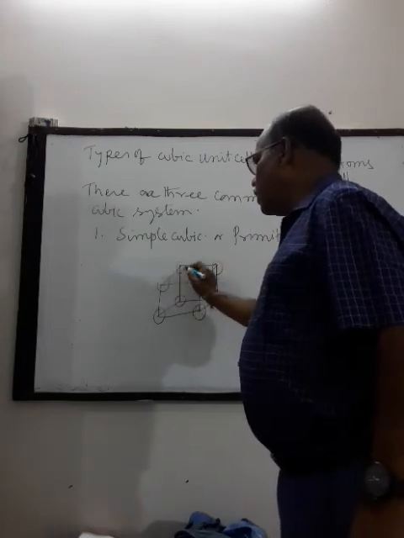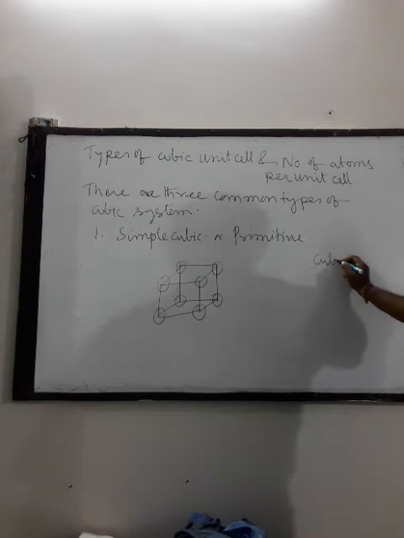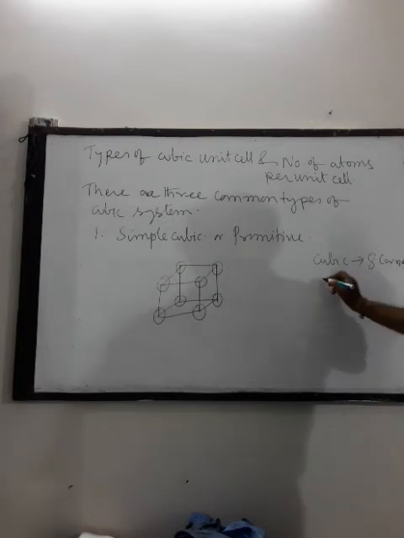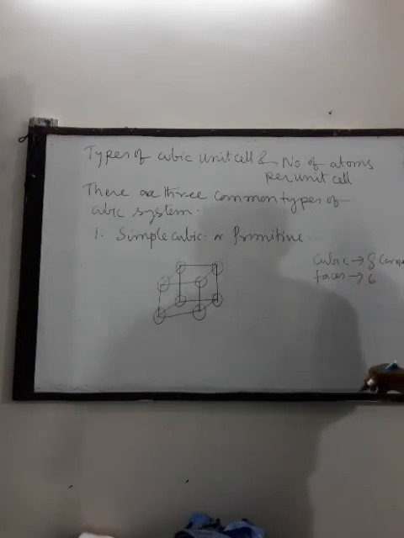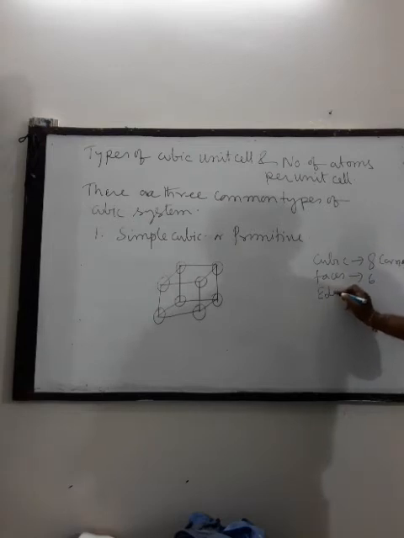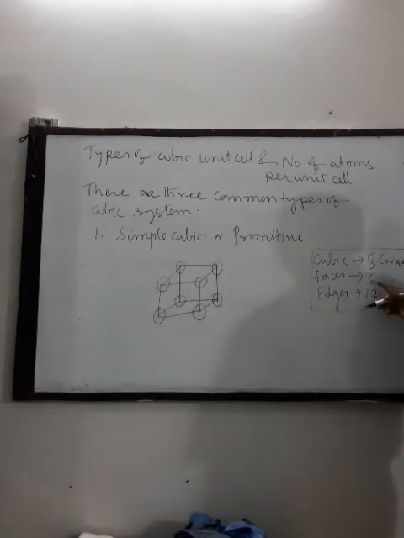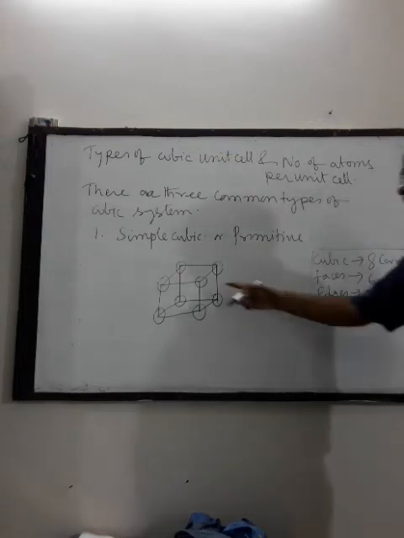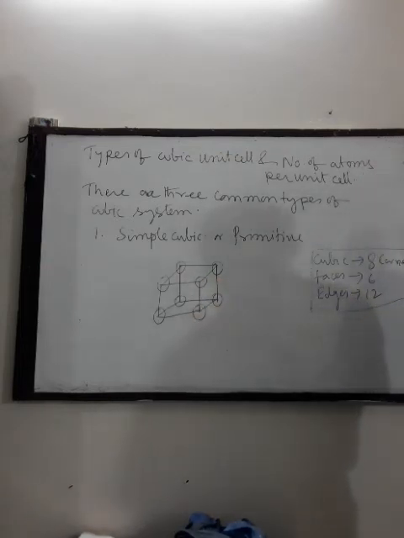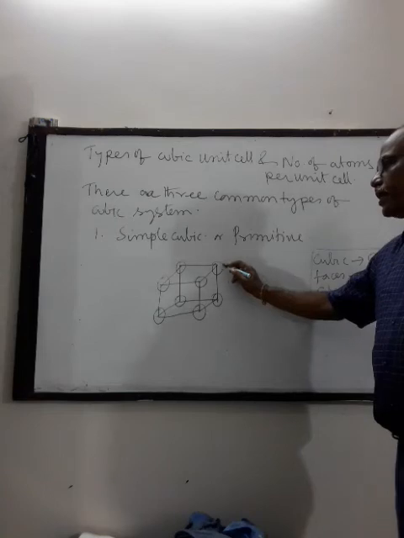So actually in a cube there are 8 corners, 6 faces, 12 edges. So these are about the cube: 8 corners, 6 faces and 12 edges in a cube. Now in case of a cube, each corner is shared by 8 other unit cells.